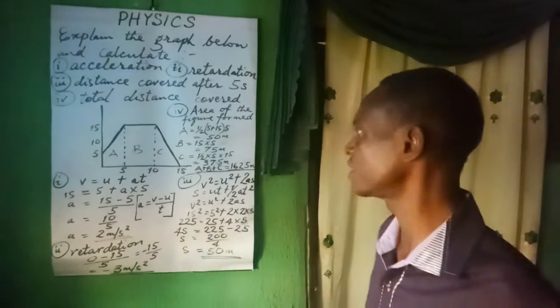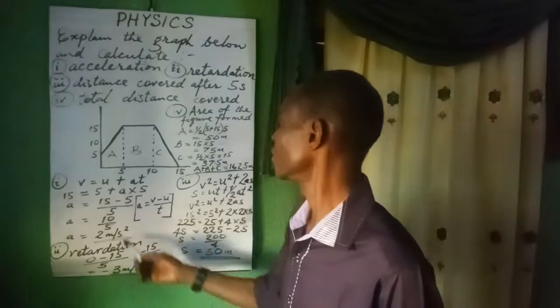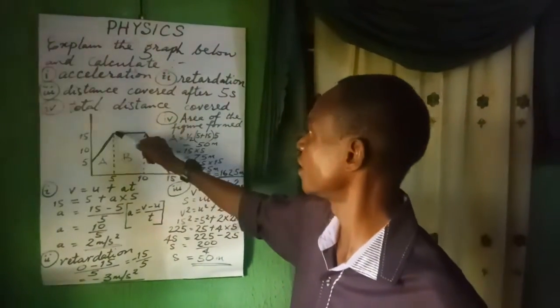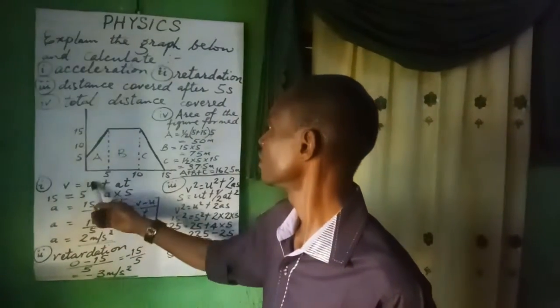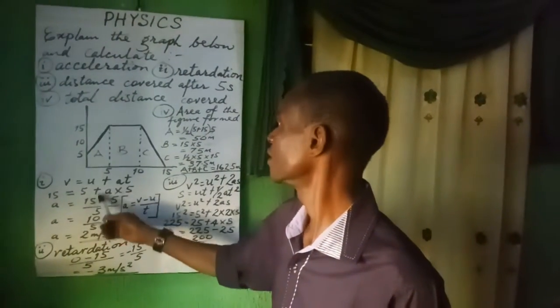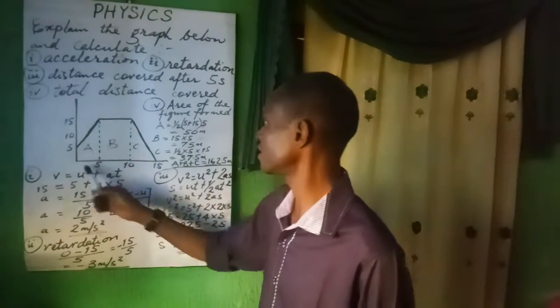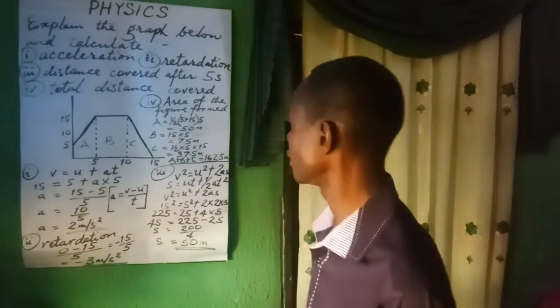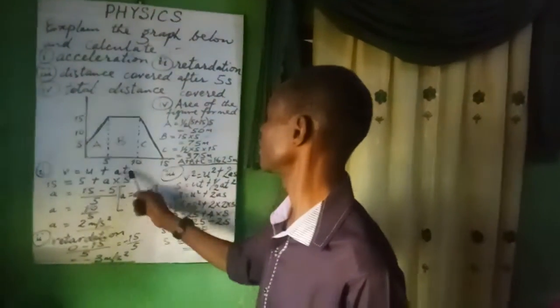Applying this equation, we have 15, which is the final velocity reached, is equal to 5, the initial velocity, plus a, which we are looking for, times the time, 5 seconds. It took 5 seconds for the positive acceleration.